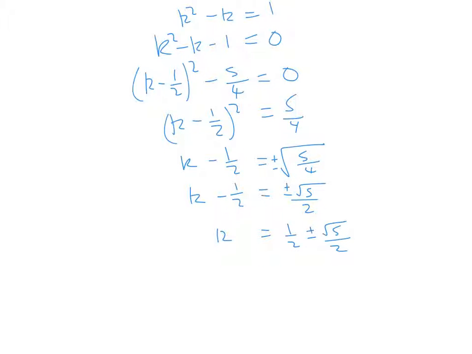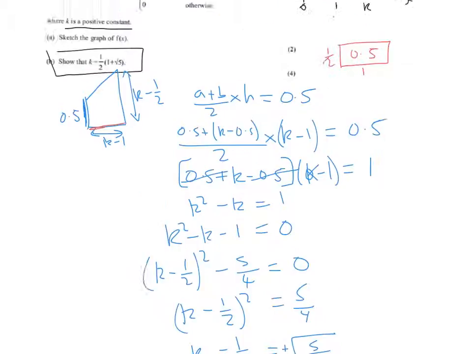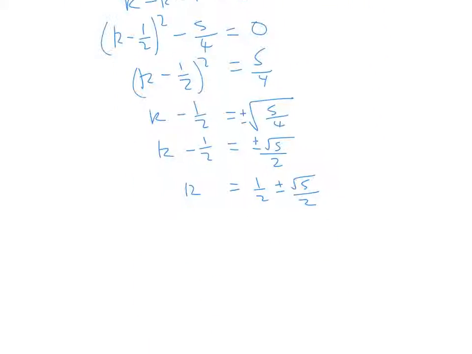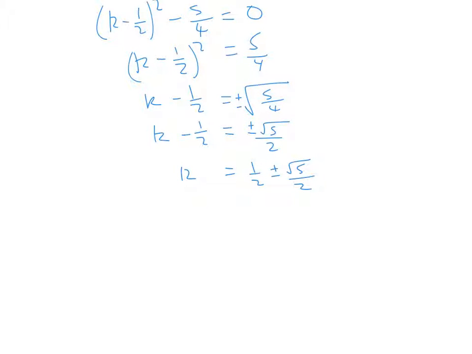Now we're supposed to show that k equals a half times 1 plus root 5. So what we can do here is factorize these two terms to get a half outside of 1 plus or minus root 5.